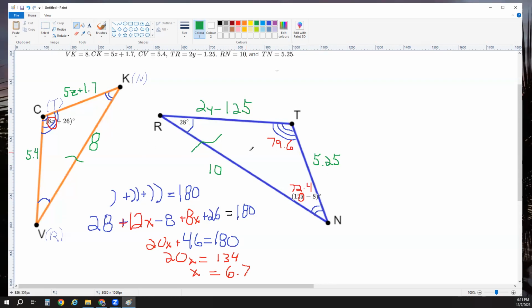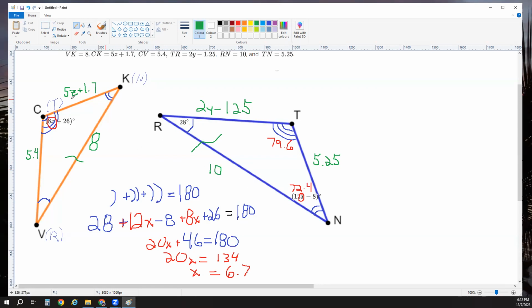So we have to use N and R and K and V. These two line segments. We have to use this line segment to that line segment, and that's what we're gonna do to figure out what the proportionality is.